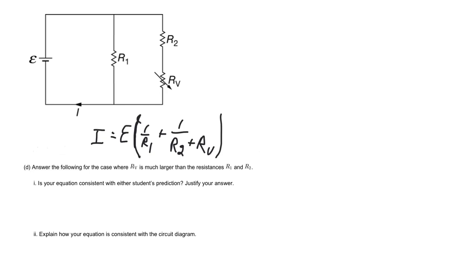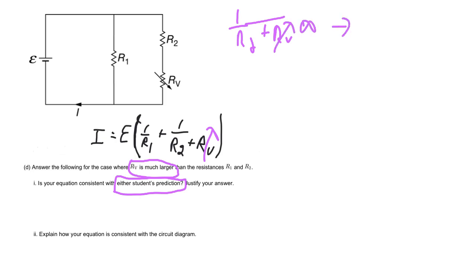The last part of the question is asking, what about when RV is very large? We'll evaluate this, and they want to know, does this apply to either student? So when RV gets really big, if you look at the 1 over R2 plus RV, if RV approaches infinity, that means this term is going to approach 0.